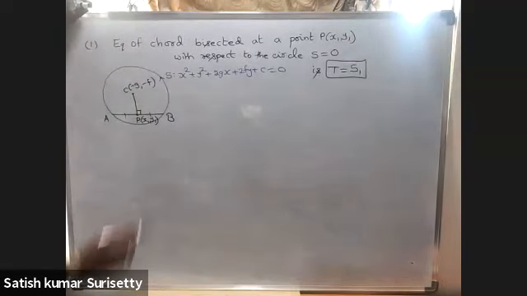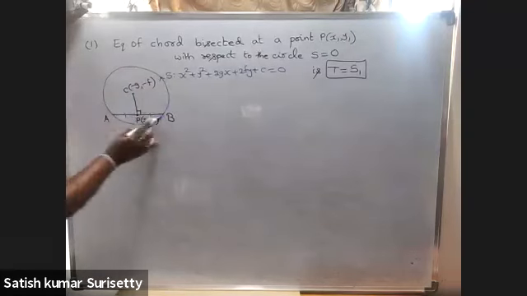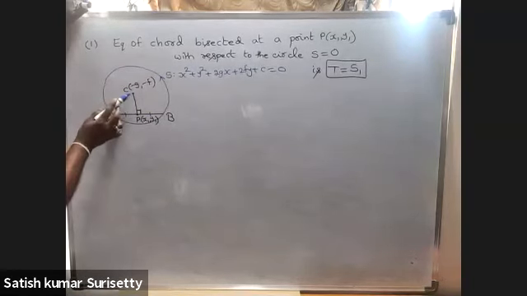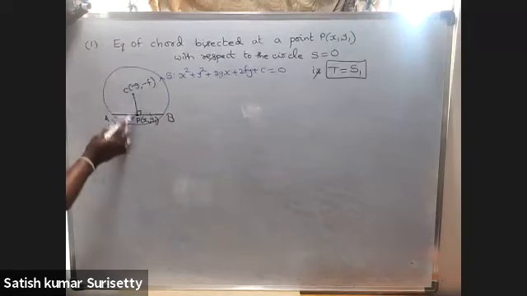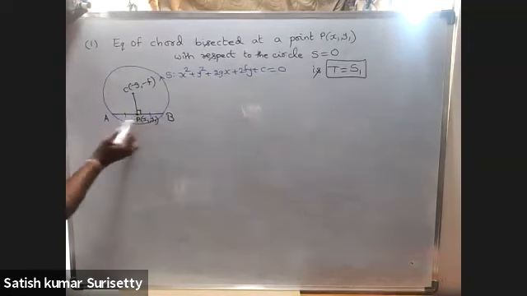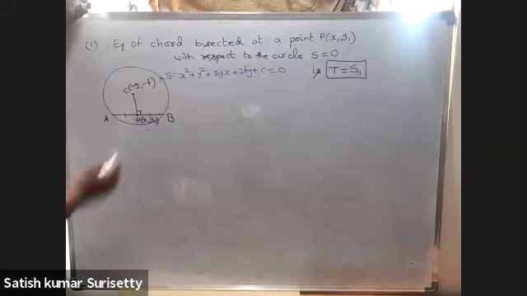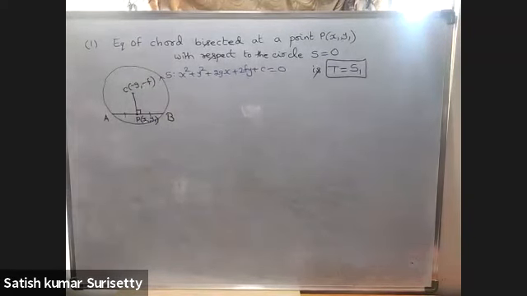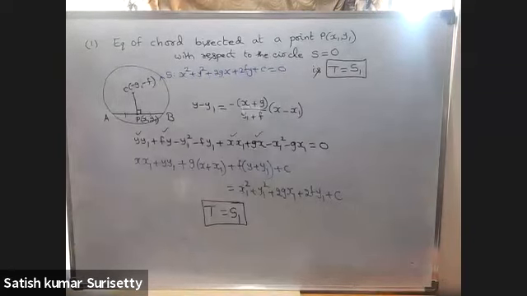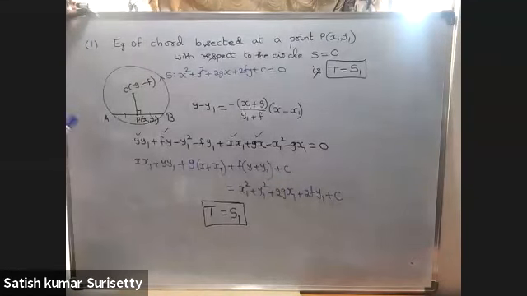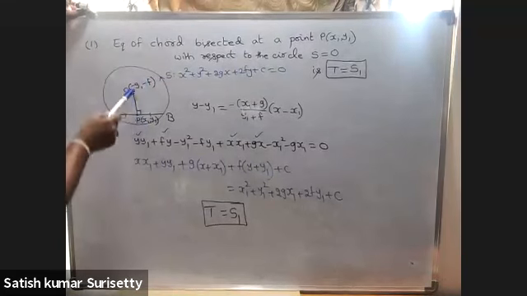Because CP is perpendicular to AB, we can calculate the slope of CP, and then the slope of the perpendicular line, that is the slope of AB, passing through the point P. Then you can get the equation of chord AB bisected at the point P. So the slope of CP is (y1 plus f) upon (x1 plus g).